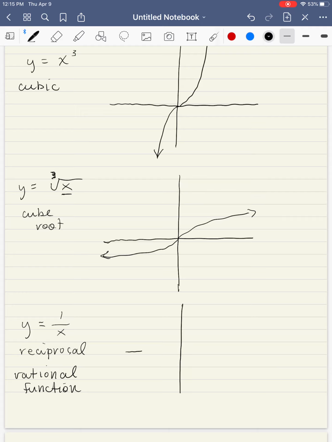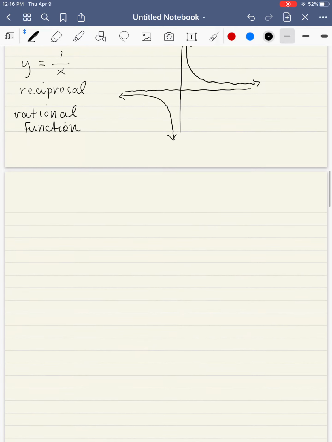If I were to plot ordered pairs, I would see a curve coming from negative infinity here. It does not exist at x equals 0, and then it starts up again over here. So these two curves together are the reciprocal function.